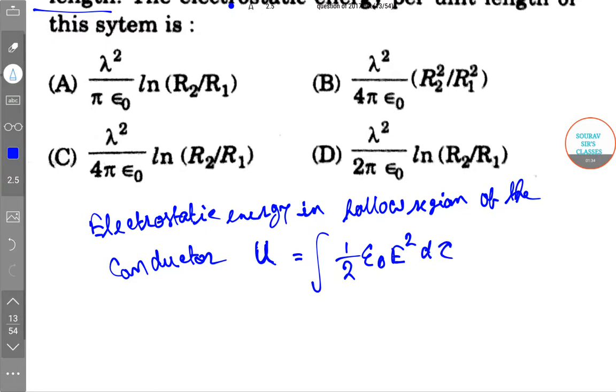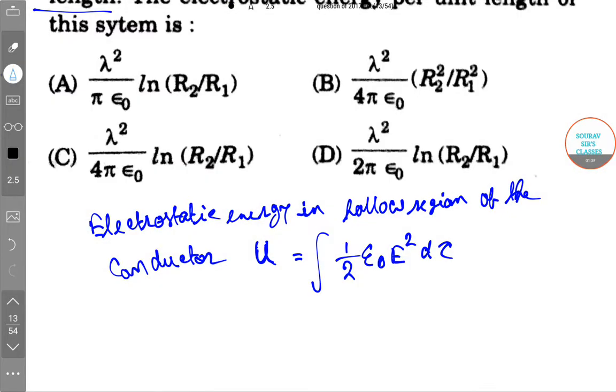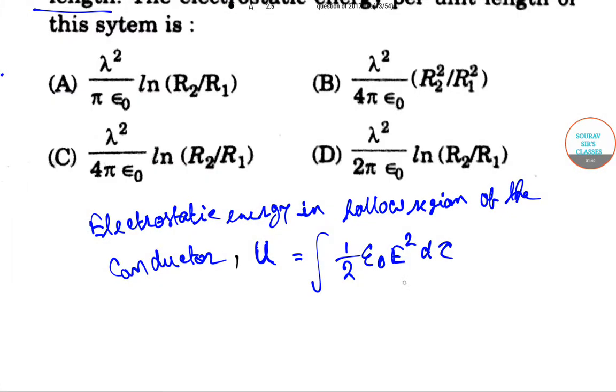Here this is the energy for the electric field. This is the half epsilon 0 E square and d tau is the volume element.